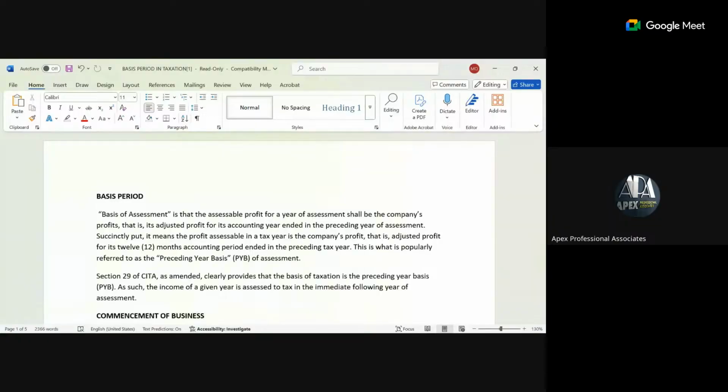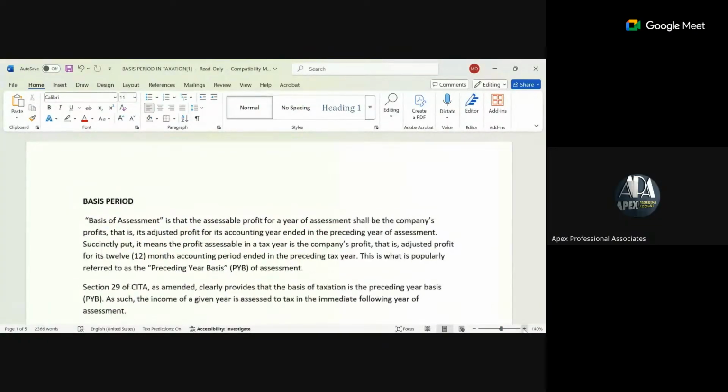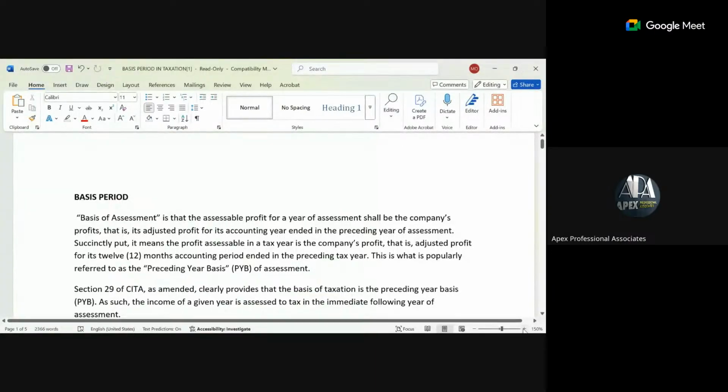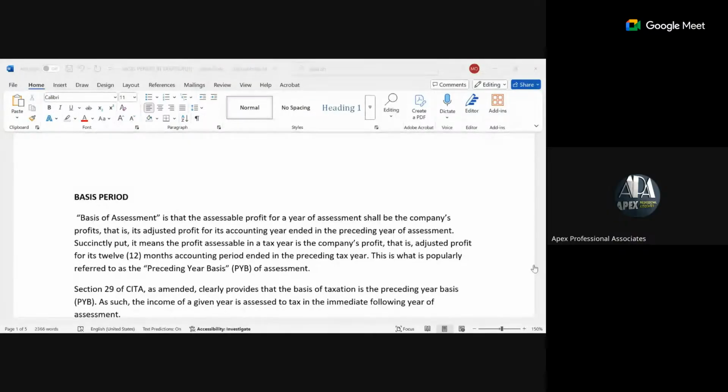Please, is this screen not clear enough? Someone is saying on YouTube that it is not clear enough. Please let me unmute and hear from you guys. Is this screen not clear enough? It's clear, the screen is okay. I can't zoom more than this, please.